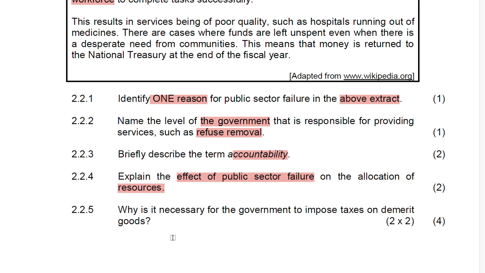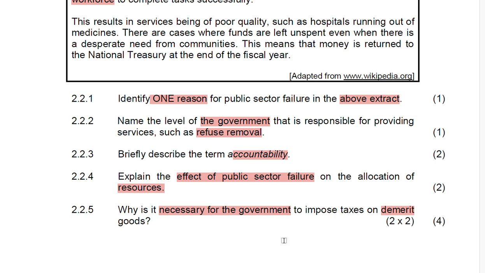2.2.5, why is it necessary for the government to impose taxes on demerit goods? First, you need to understand what demerit goods are. In order for you to be able to answer this question successfully and efficiently, you need to understand what demerit goods are.